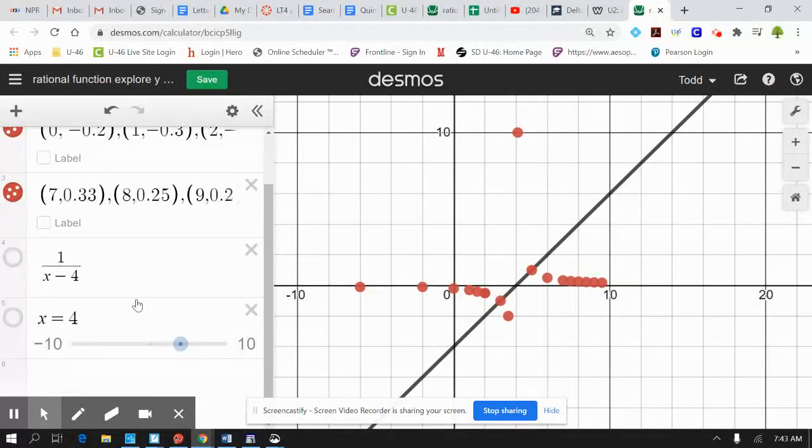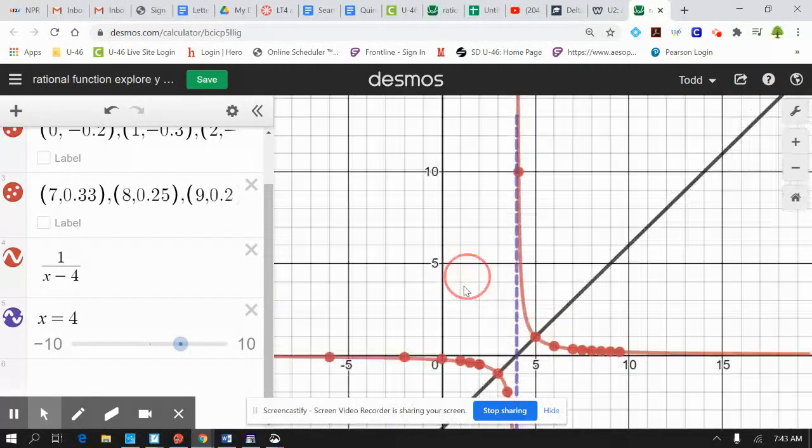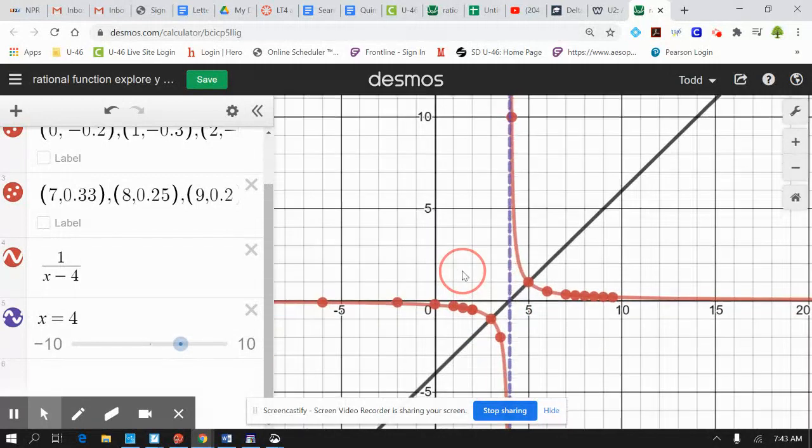And it has a vertical asymptote at x equals 4, so I can graph that. And here is our function. Here's our rational function, shooting right through all those ordered pairs. And it'll never cross this vertical asymptote. It may look like it does, but it does not, because this rational function cannot receive x equals 4. 4 is not in the domain.